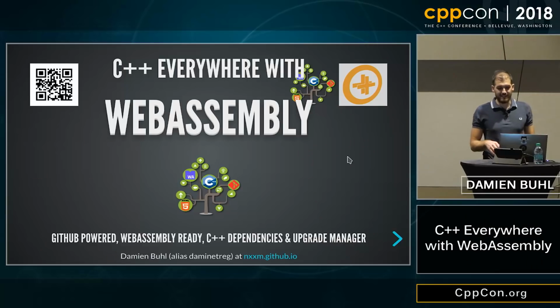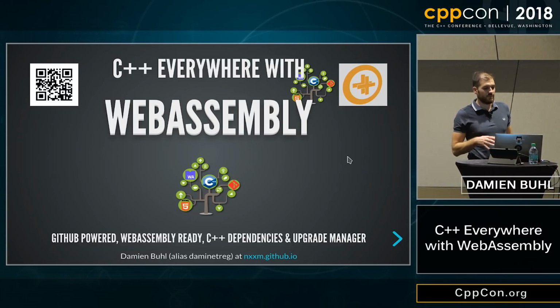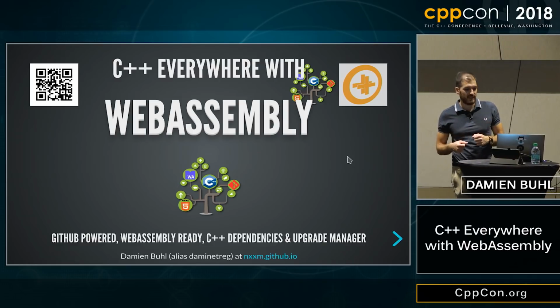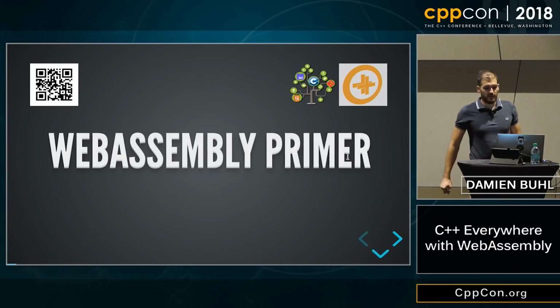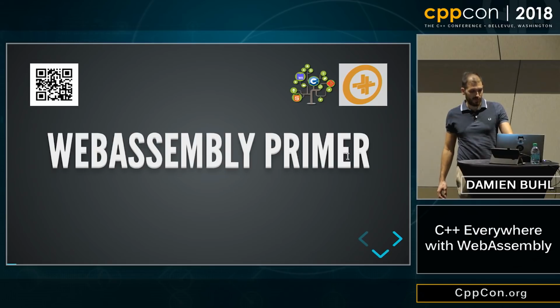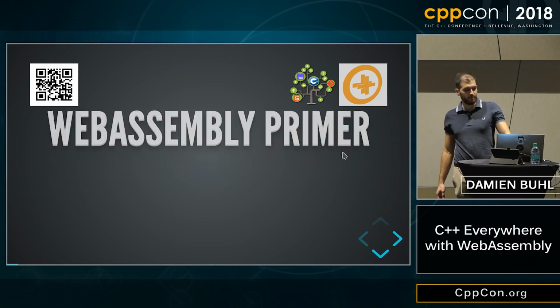But this talk is not about it. I just use it inside this talk. This talk is about using C++17 techniques, or older C++ techniques, to bind with the web. So, a small WebAssembly primer for those who perhaps don't know what WebAssembly is.